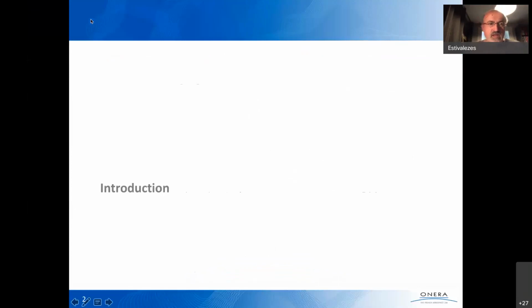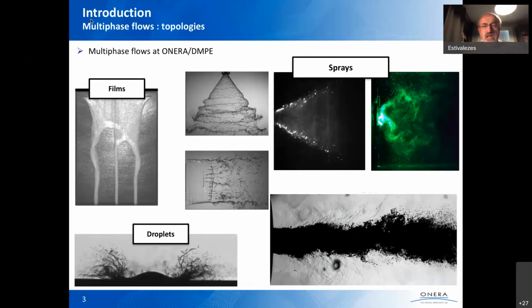Okay. So I will be talking about multi-phase flows. Multi-phase flows are ubiquitous. You have, for example, films with liquid flowing down a wall, some atomization of conical liquid sheet or planar liquid sheet, which are a system of atomization in aircraft or rocket injection system.